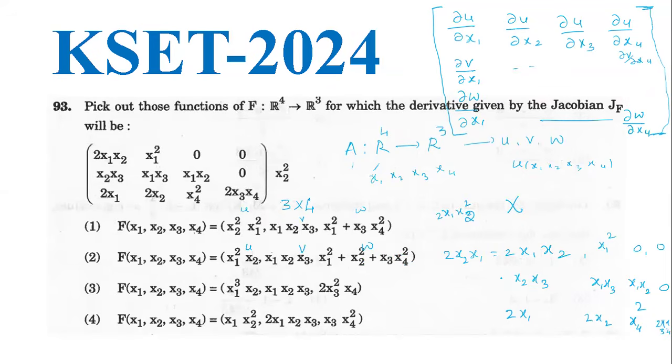There is an answer to check. 2x1 x2, x1 square, 0, 0; x2 x3, x1 x3, x1 x2, 0; 2x1, 2x2, x4 square, 2x3 x4.